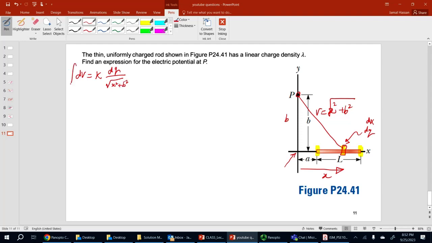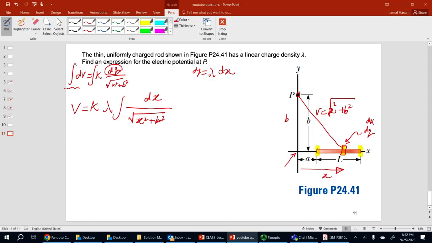We need to do the integration to include all other pieces of the rod, knowing that dq is equal to lambda dx. So V equals the constants, which we can kick out, times the integral of dx over the square root of x squared plus b squared.